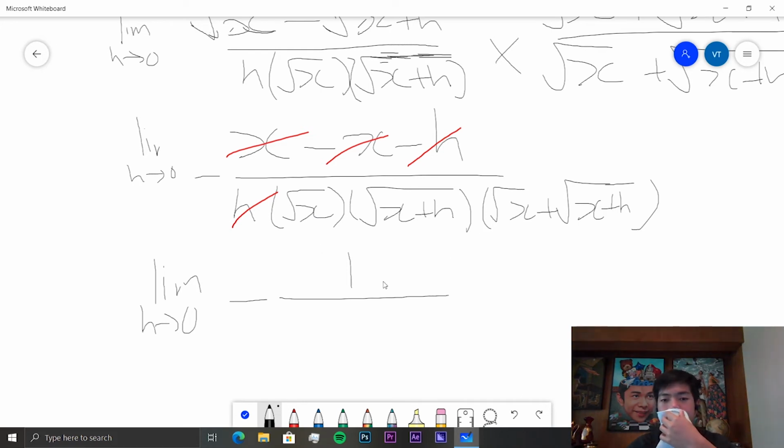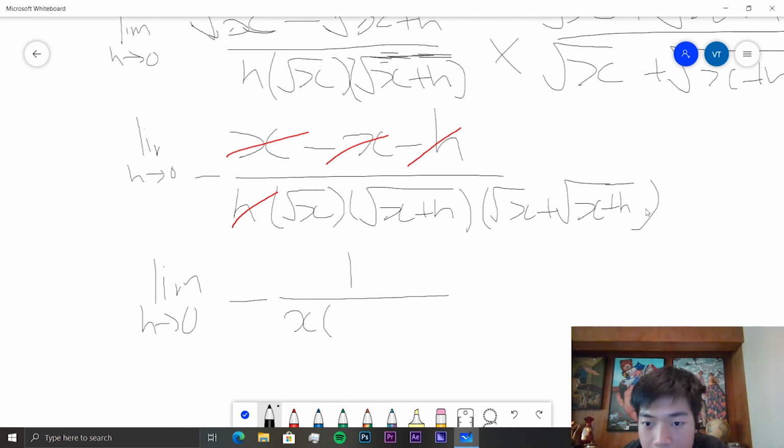So the thing is, as h tends to 0, this would tend to root x times 2 root x.